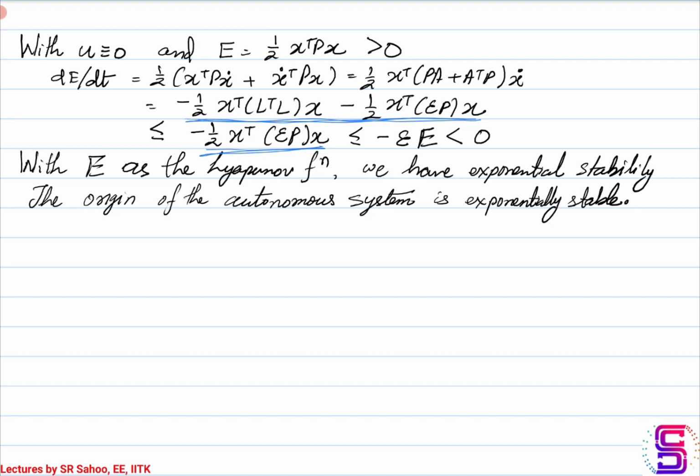But further, we have E dot less than or equal to minus epsilon E, and this inequality says that the origin of the autonomous system is exponentially stable. So for strictly positive real systems, the origin of the autonomous system is not only asymptotically stable but also exponentially stable.